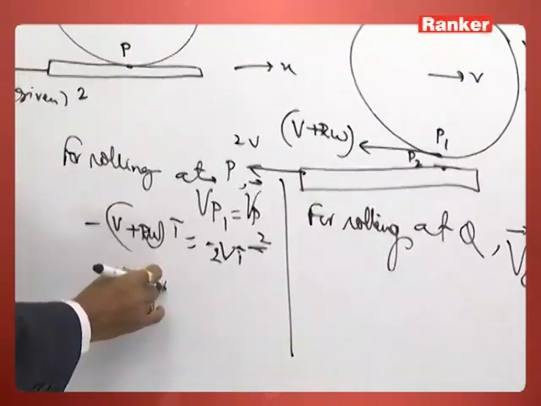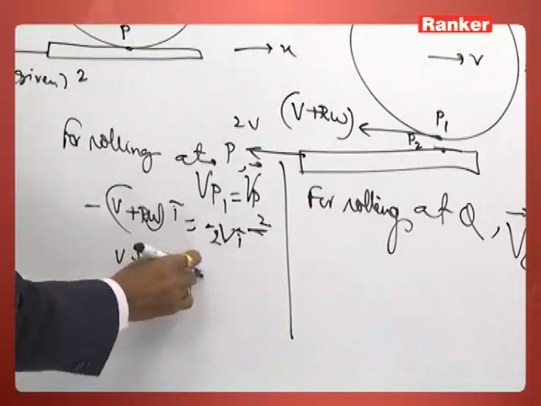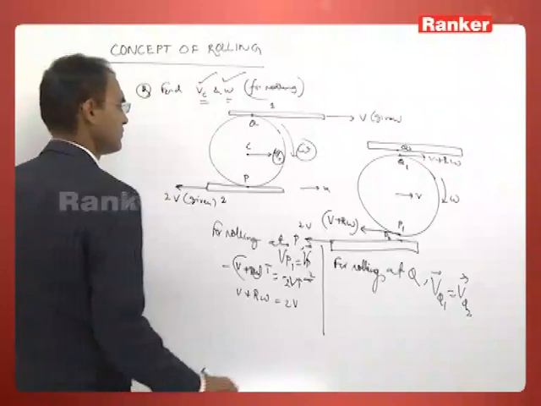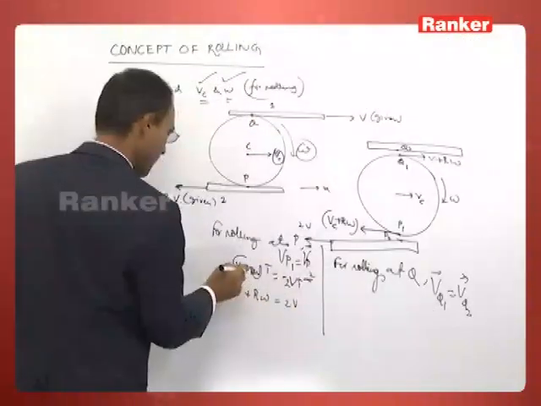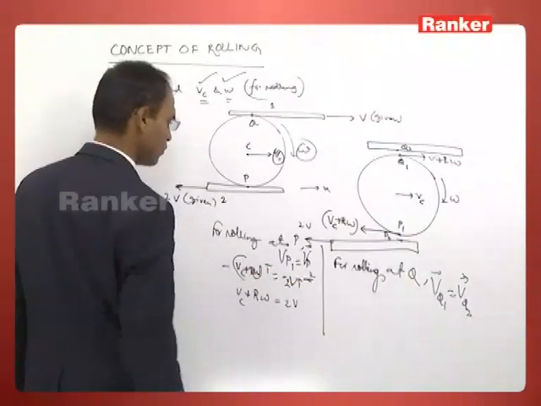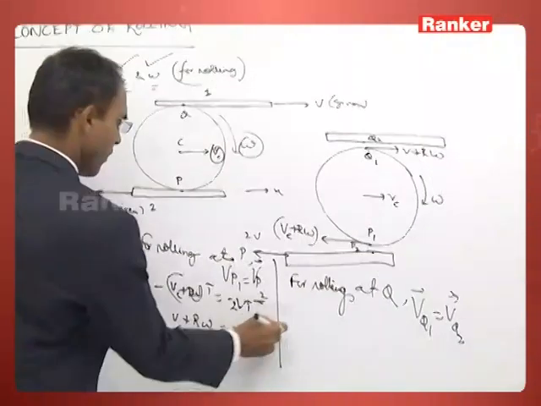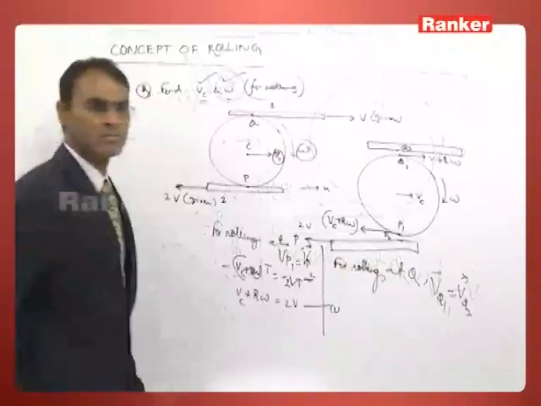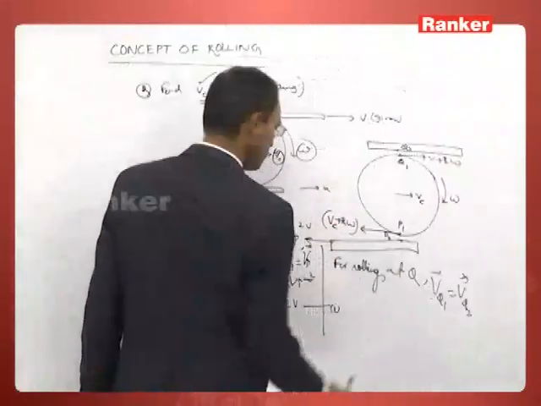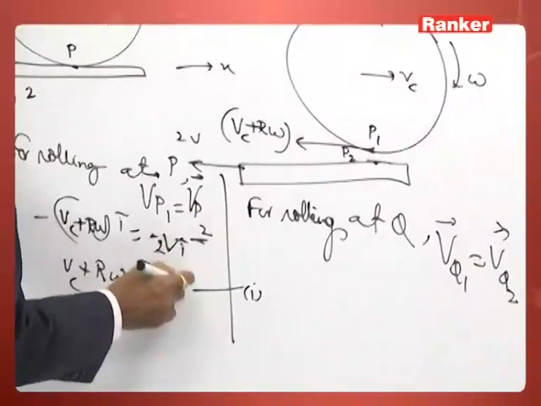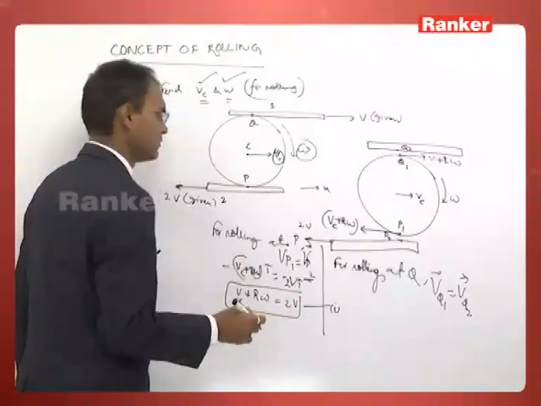Therefore we can write V plus R omega is equal to 2v. This is not V, this is Vc actually. Vc plus R omega is equal to 2v. Equation number 1. Equating the velocities at these 2 points P1 and P2, we got this equation 1.